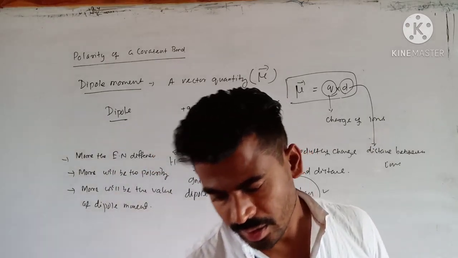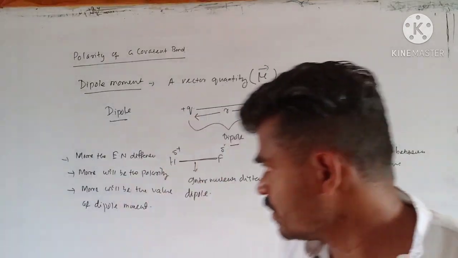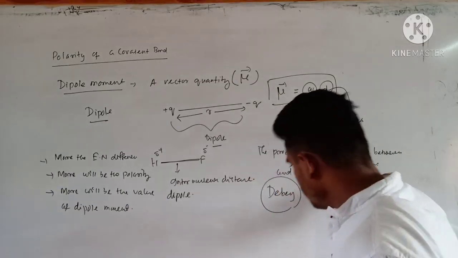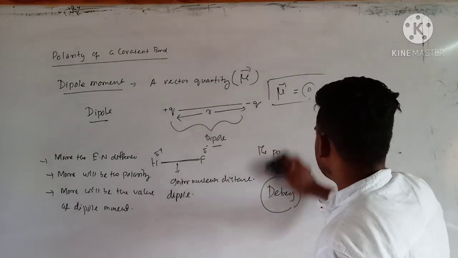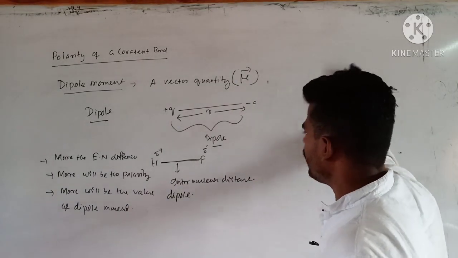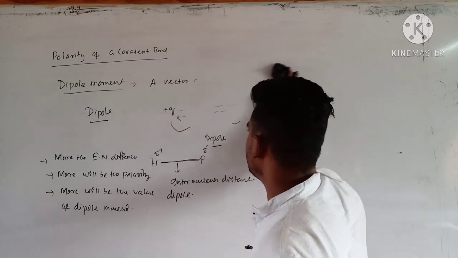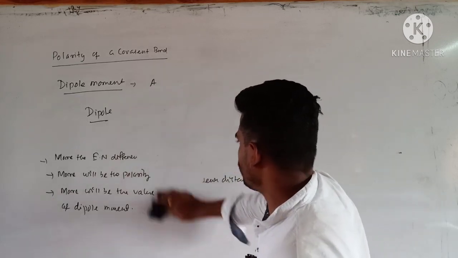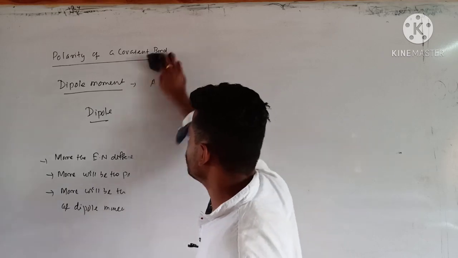Is that clear? Again, the dipole moment value depends upon the structure of molecules. Why? Because, as I initially told you, this is a vector quantity, so for a vector quantity, structure is most needed.